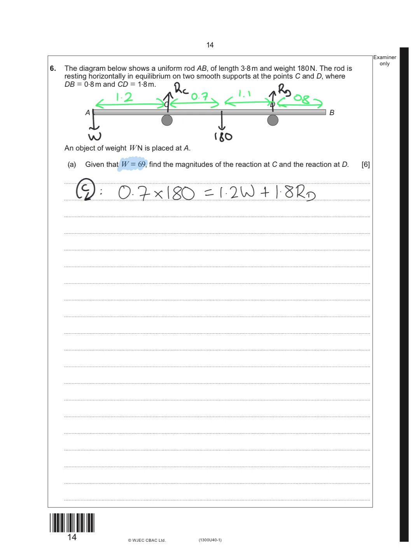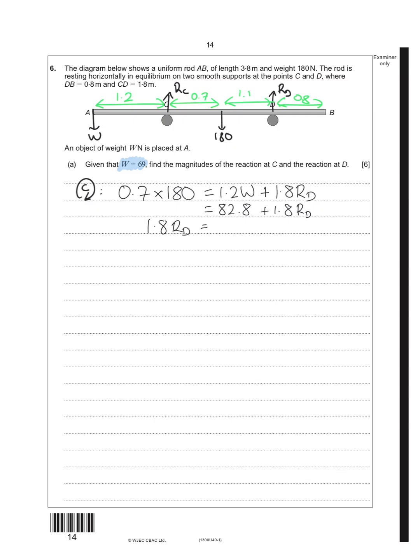Okay, so the right hand side then, 1.2 times 69 is 82.8 plus 1.8RD. Now, I'm sure if you were clever, you'd find a common factor to divide through by to make everything nicer, but I'm not going to bother doing that here. The numbers are easy enough.